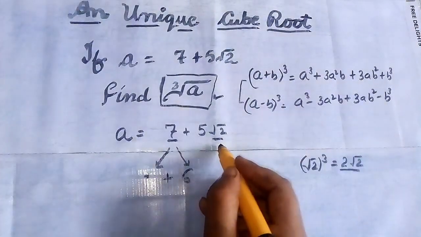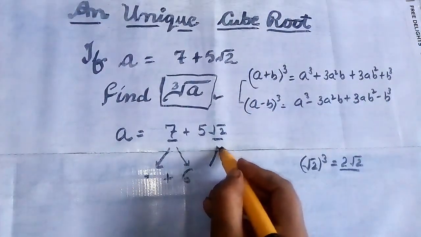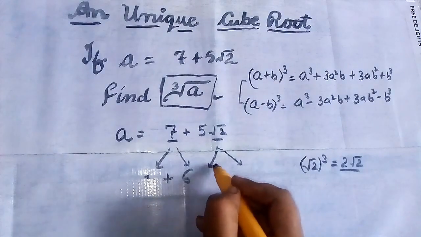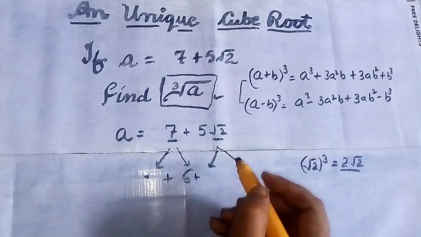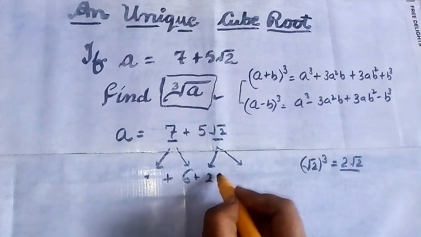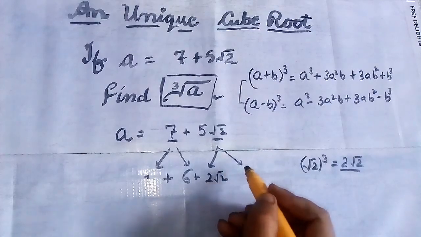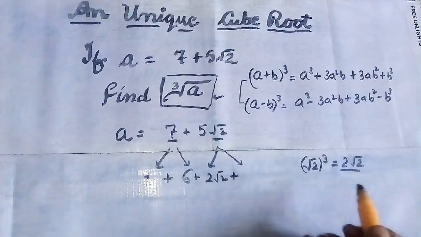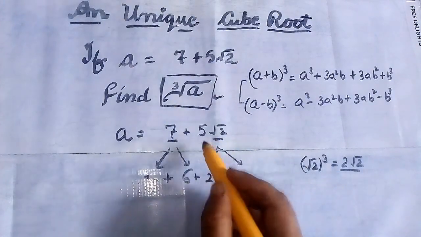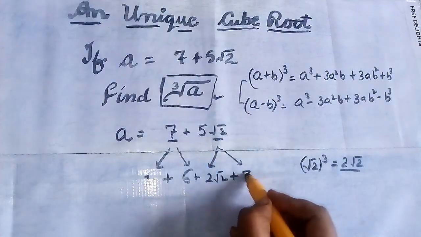Now split 5 square root of 2 as 2 square root of 2 plus 3 square root of 2, because 2 plus 3 is 5.